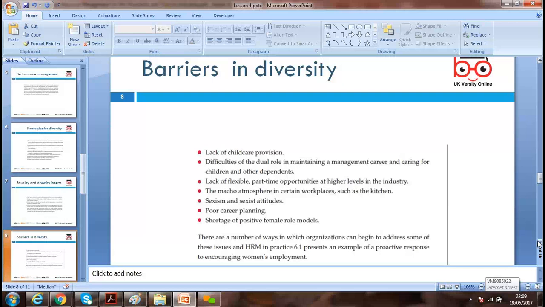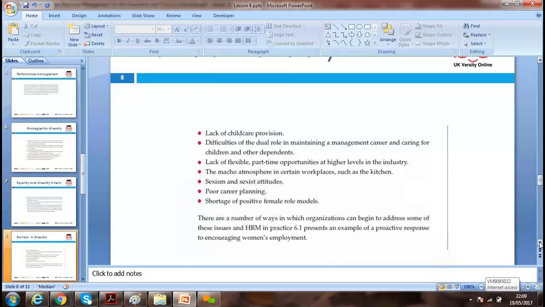Lack of flexible and part-time opportunities at higher levels in the industry. So the atmosphere in the certain workforce, we can look around at the attitudes of people toward different ethnic groups or different genders. We need to look at those for career planning, which is one of the key barriers.